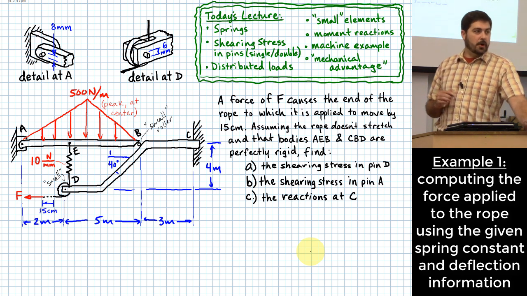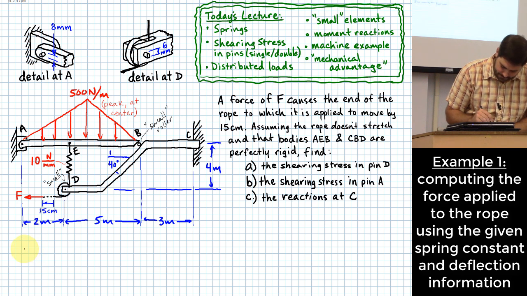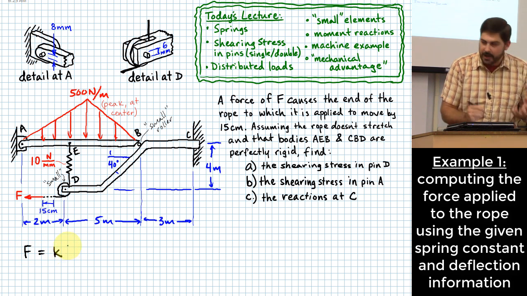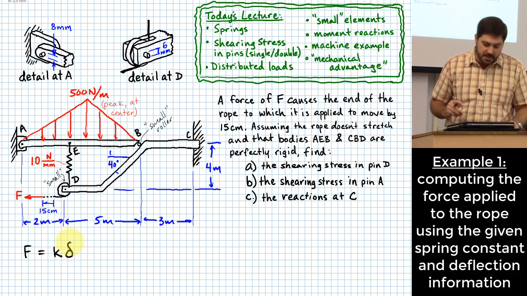So what's the equation for spring elongation? Anyone remember it? Okay, F equals K, that's our spring constant, times, some people might use the letter X, but I'm going to use one that is how much does it change in length.